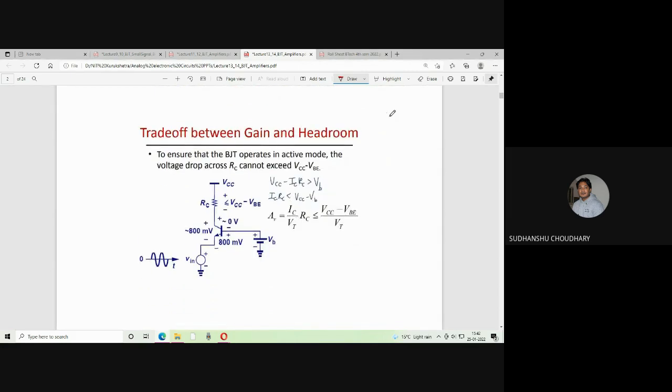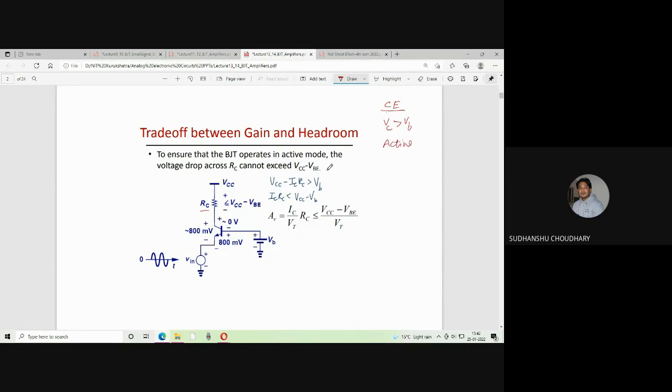As in the common emitter configuration, we had seen that one has to limit the drop across this RC, and the drop across this RC decides your gain. In the common emitter amplifier, we had discussed that the drop across RC has to be limited so that VC is greater than VB, so that my device is in active mode.